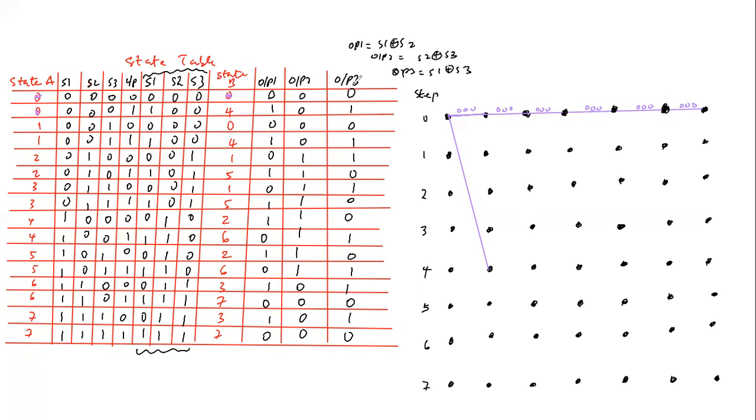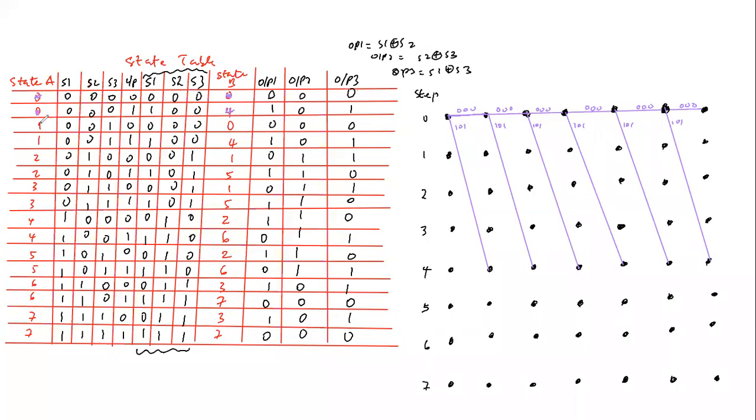Now from step 0 to step 4, we have 1, 0, 1. Here we have 1, 0, 1. So we can populate that all the way. And then the next step is to move from 1 to 0.